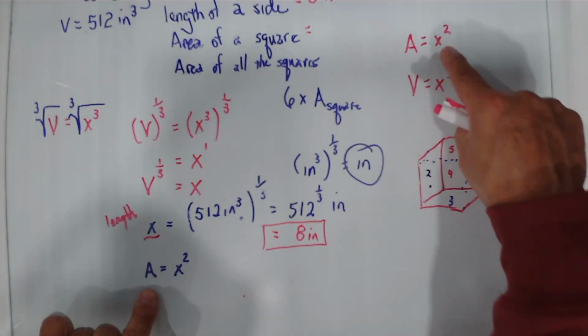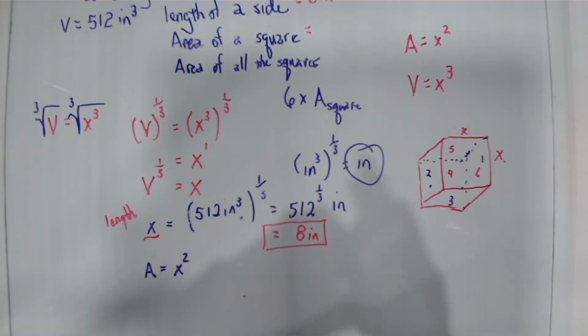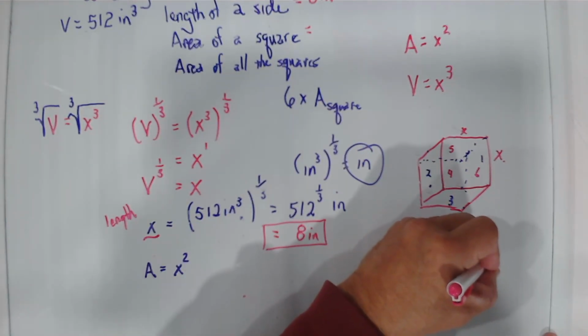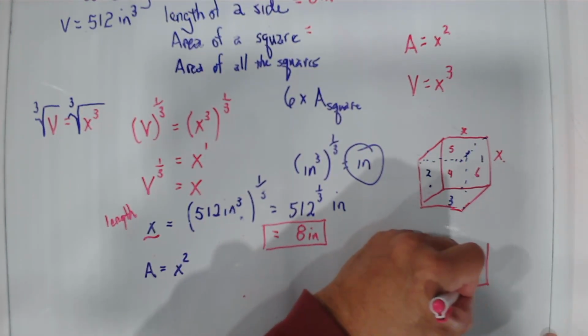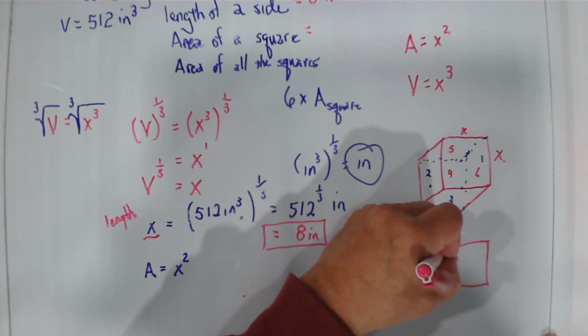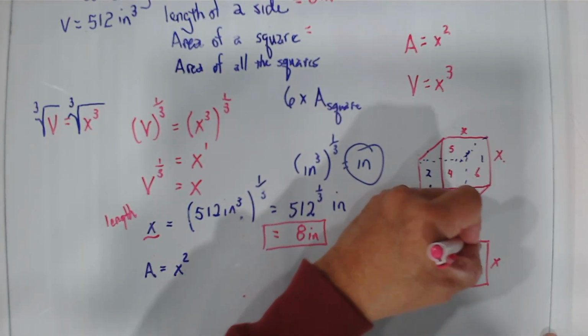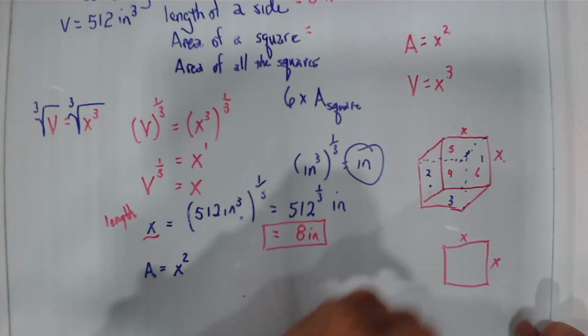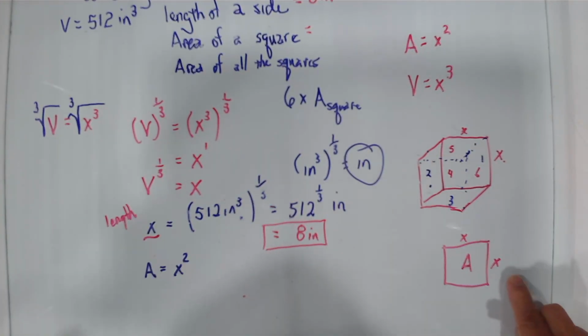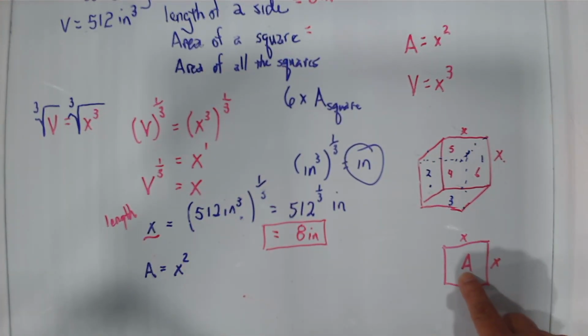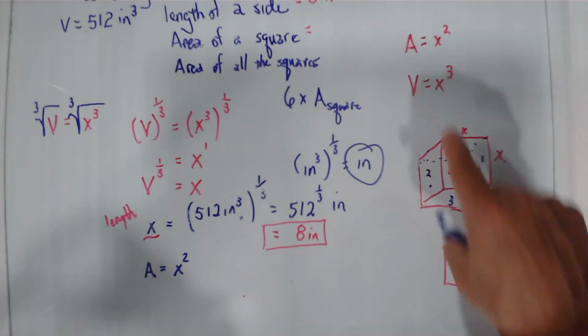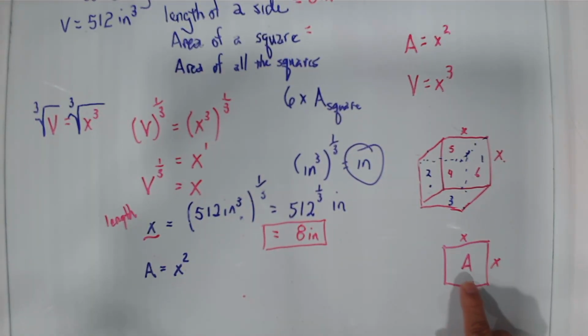Area is x squared, and that makes sense, right? Because if we take a look at that picture there, we've got x, and x times x will give you the area.